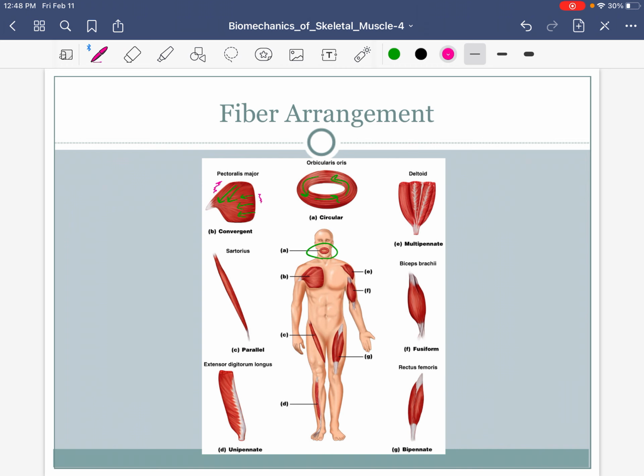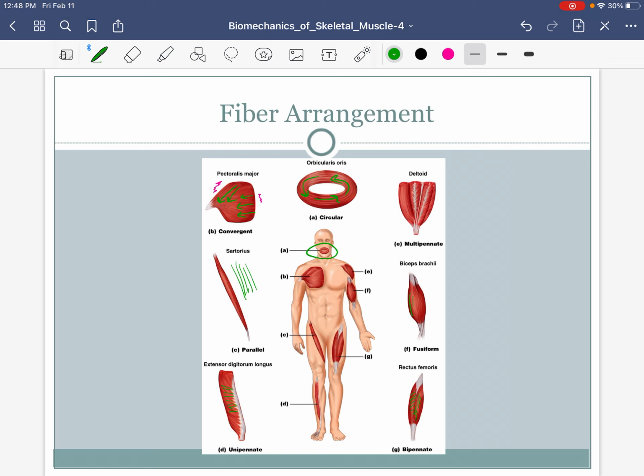Sometimes it's a very simple arrangement, like in the sartorius, where the muscle fibers are just parallel in one direction. Sometimes we have an arrangement where they're bipennate, where half of it goes one diagonal, the other half goes the other. Unipennate is just one form of that, one diagonal.